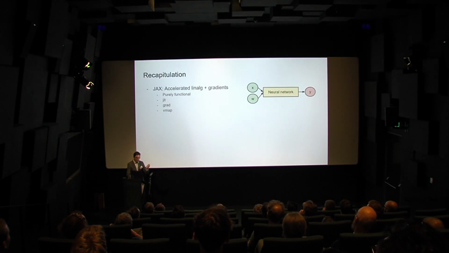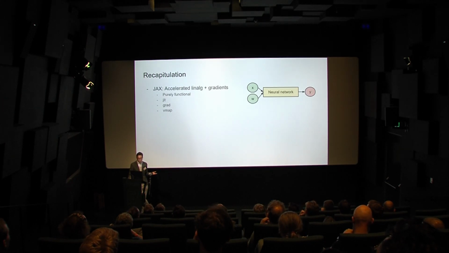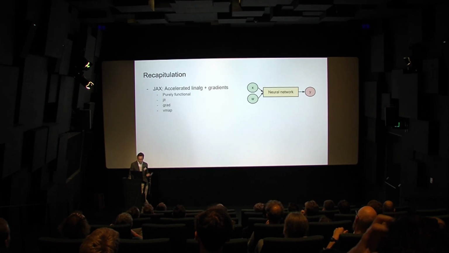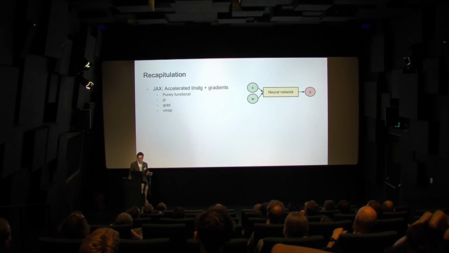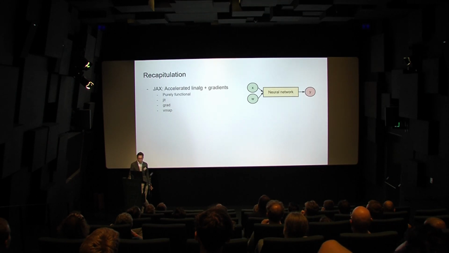And this brings me to the conclusion of my talk. So we first introduced JAX, and it is a way to do linear algebra and numeric computation fast, and it also gives you gradients. An important thing to keep in mind is that it's a functional programming paradigm.